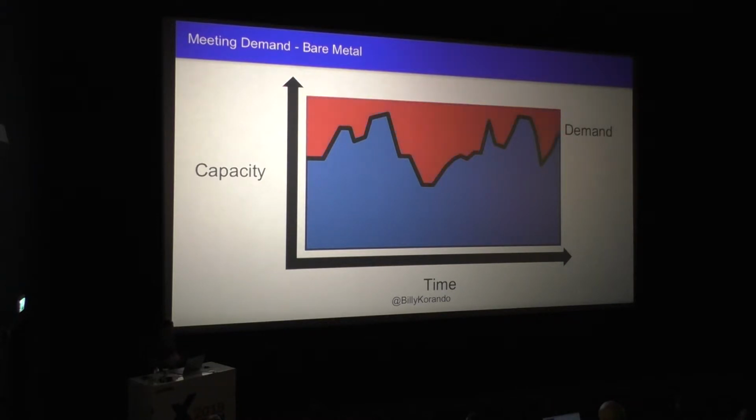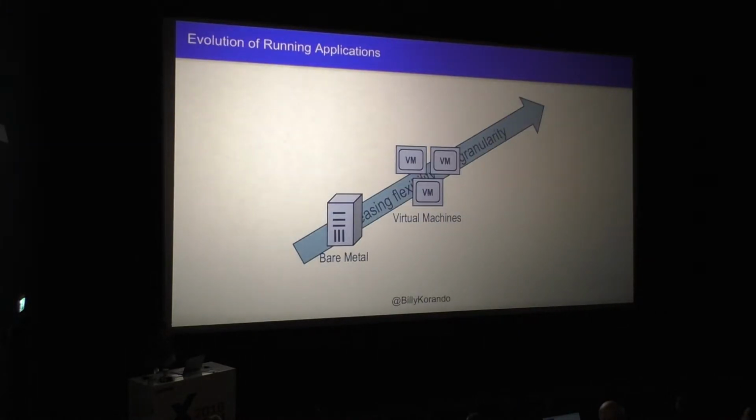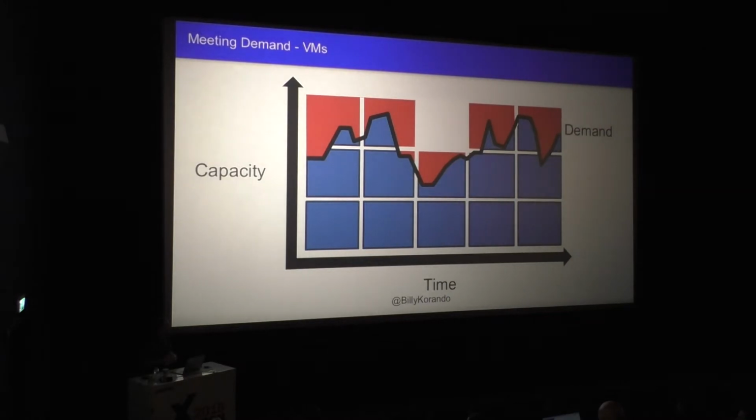So move forward in time a bit more. Oh, there it is. Sorry, there we go. Move forward a little bit more to the age of hypervisors and basic virtual machines. So we've got a bit more flexibility now, a bit more granular, so we can be a bit more dynamic.